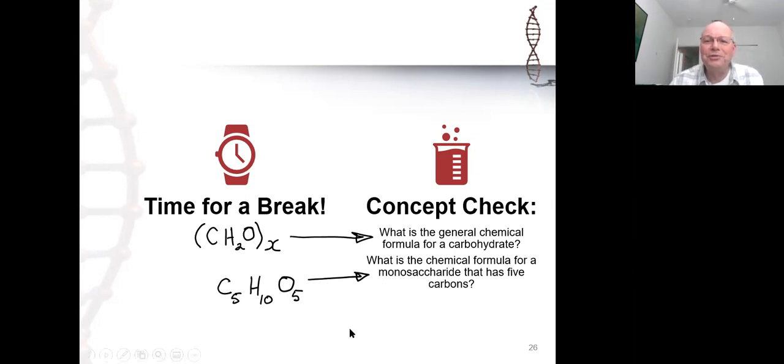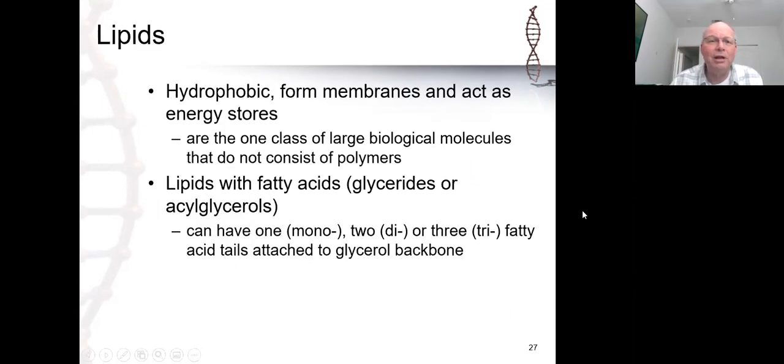So let's move on to the second class of macromolecules, which is our one class of non-polymer macromolecules, the lipids. These are referred to as hydrocarbons. So this is a carbon chain with lots of hydrogens. And as a consequence, these are hydrophobic, meaning they do not mix well with water.